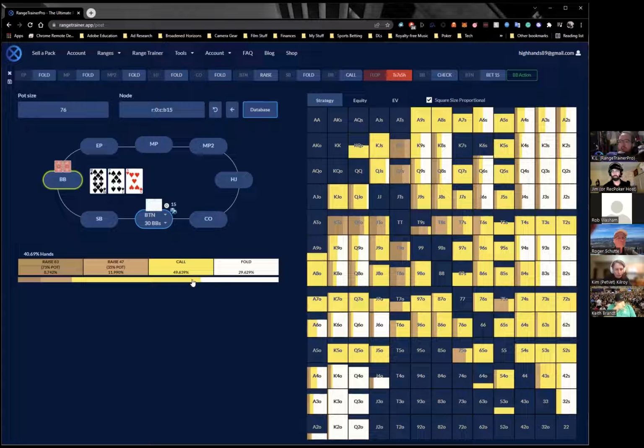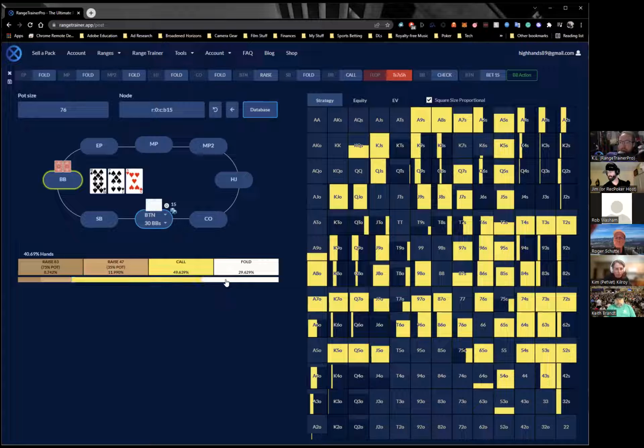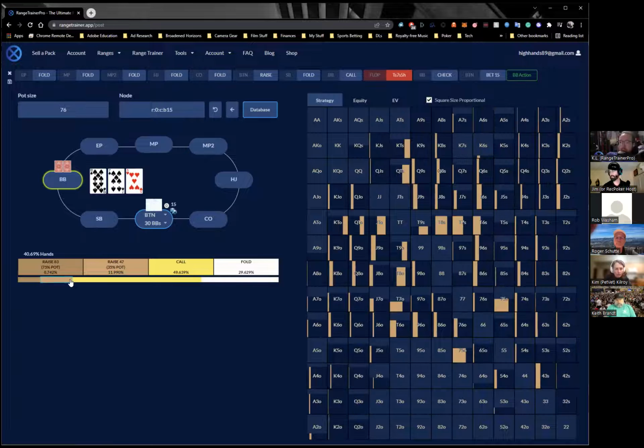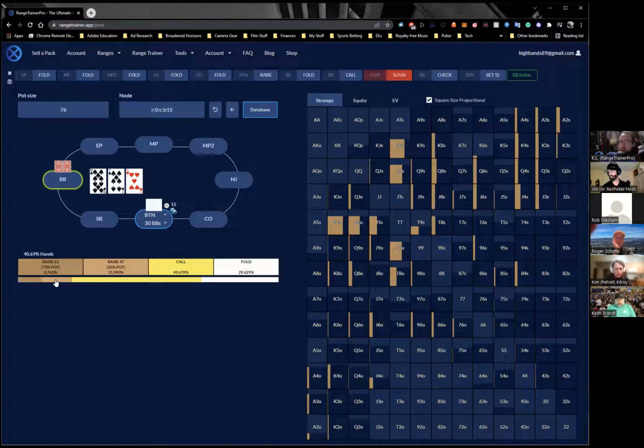And again, we can come in here and see the types of hands it's peeling with, the types of hands it's just straight up folding, and then the types of hands that it's raising here, as a bluff or for value if it has some check-raises.